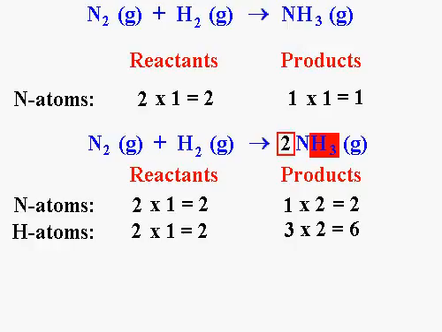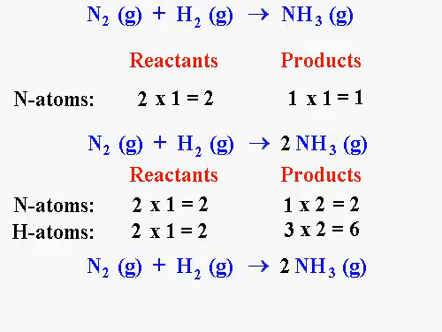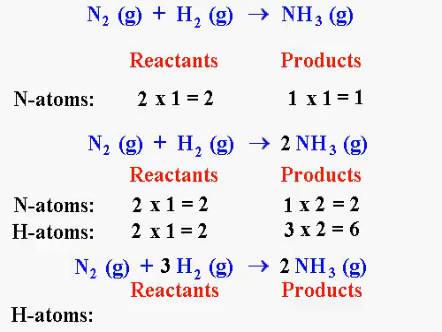I can balance those hydrogen atoms by altering a number on the reactant side of the equation. If I rewrite the equation here and stick in a 3 in front of H2, look what happens. If I count up the number of H atoms on the reactant side of the equation now, H2 means there are 2 atoms per molecule, but I've now stated that there are 3 molecules on the reactant side of the equation.